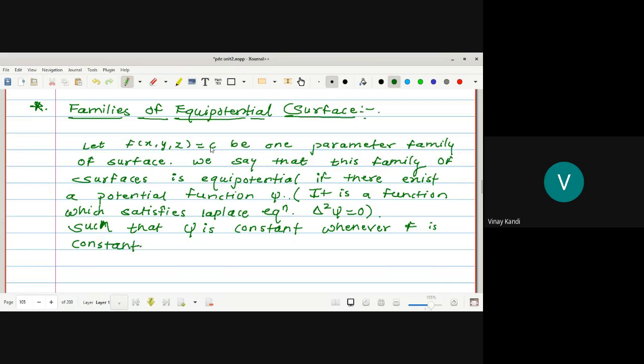If f of x, y, z equal to c is a one parameter family of surface, we say that this family of surfaces is equipotential if there exists a potential function psi such that psi is constant whenever f is constant. It means that there exists a functional relation between small f and psi, that is, psi is equal to capital F of small f of x, y, z.